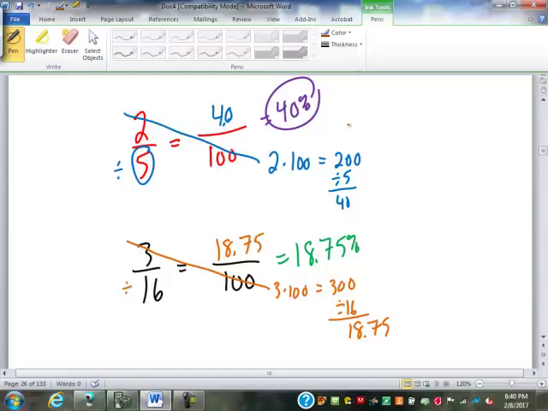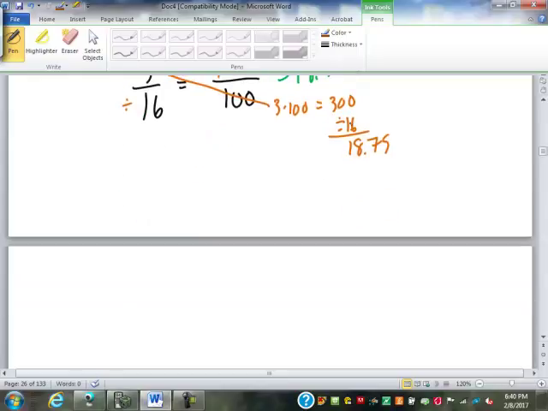So let's do a fun one. 4/7 is what percent?